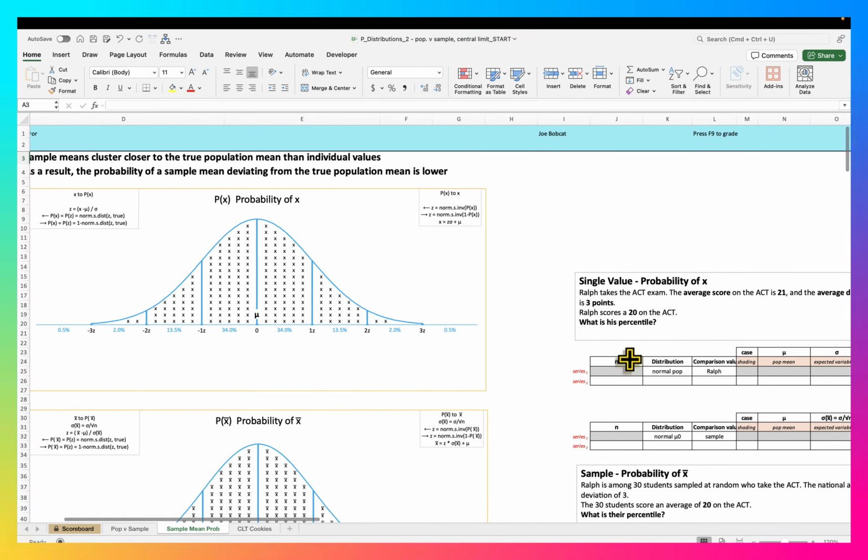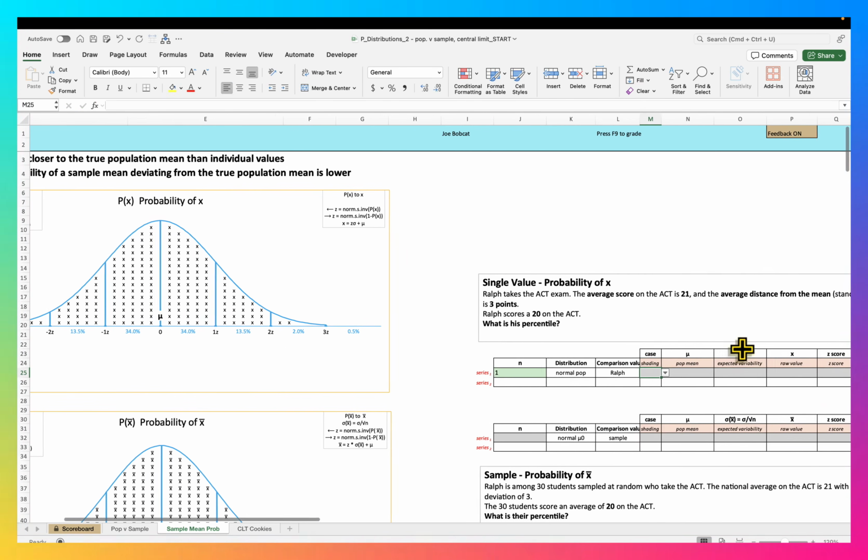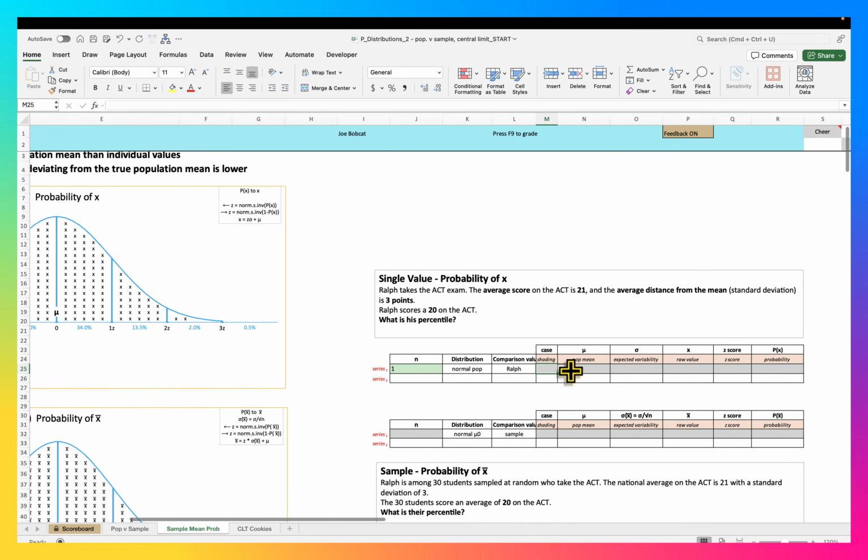So Ralph takes the ACT exam. So the n is 1 because it's just Ralph. And we're after his percentile, so it shades left. Population mean is 21, average score in the ACT, and the standard deviation is 3.